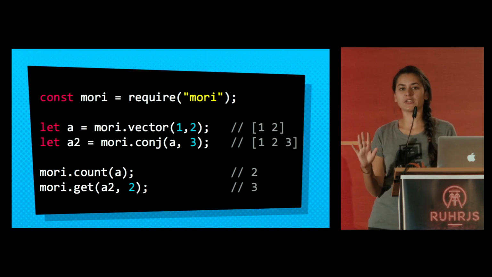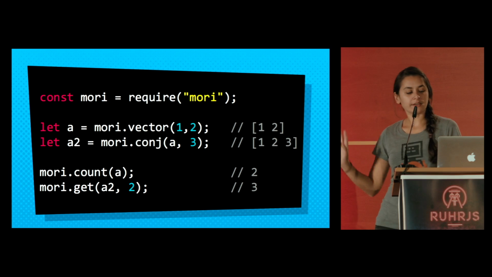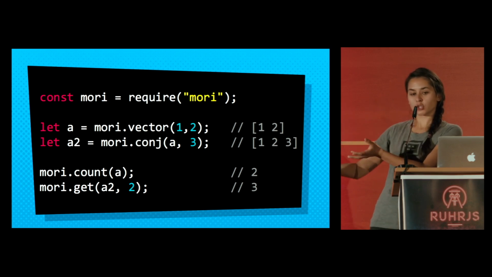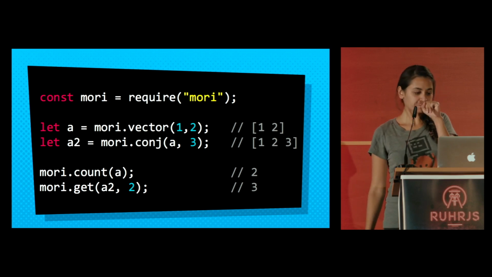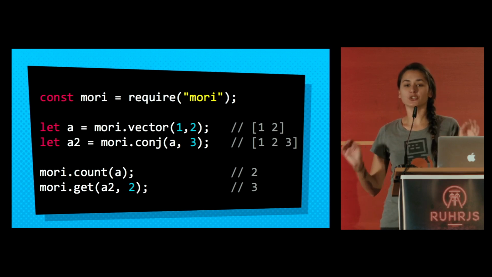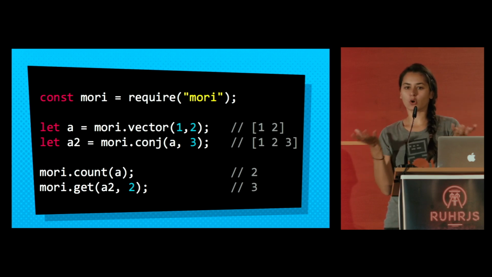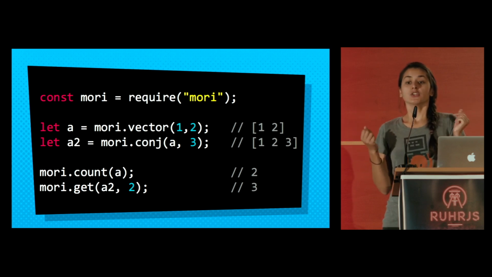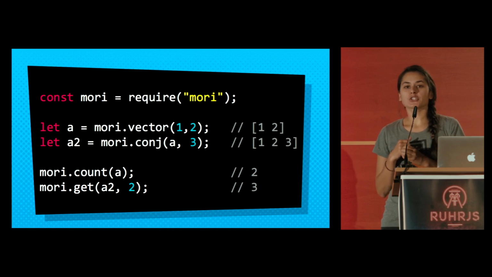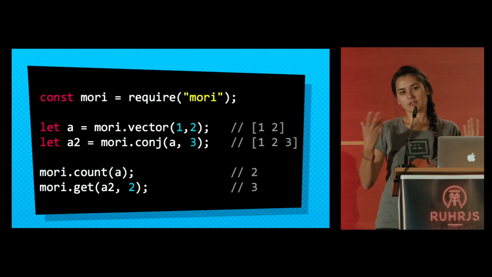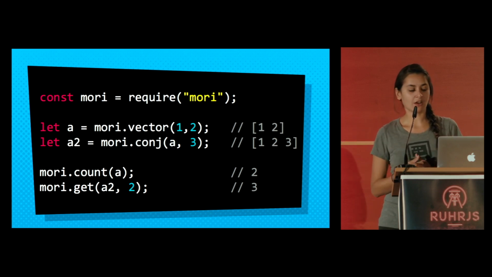But the difference between Mori and Immutable is that Mori comes from this functional programming world, the Clojure land, where we are only going to use pure functions. We're not going to use those method calls, which feel a little bit more like object-oriented programming. So instead of calling a.push, I'm going to call mori.conj, which is the Clojure function for adding something onto an array.